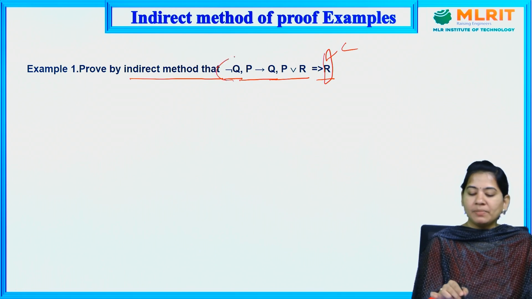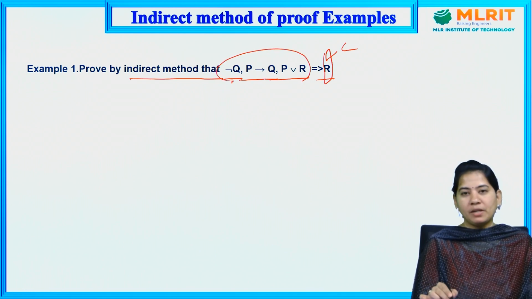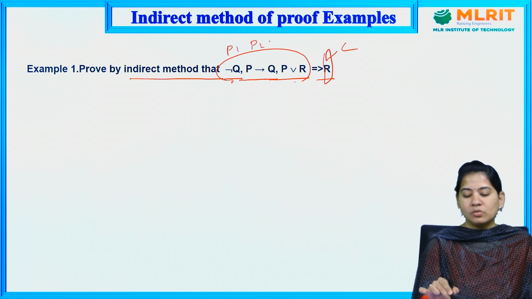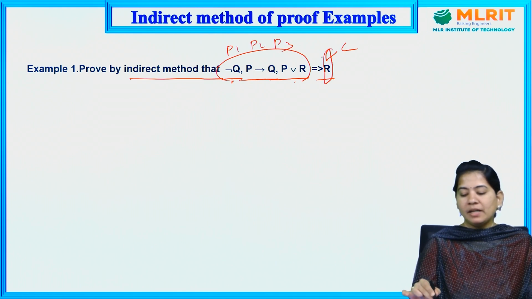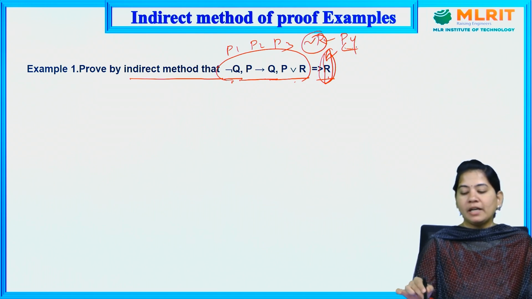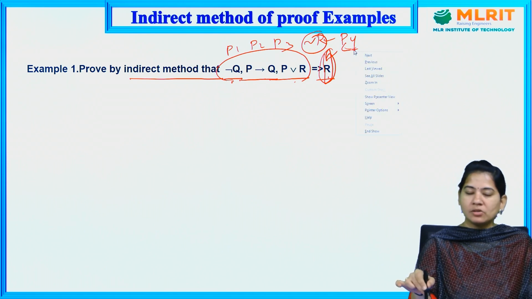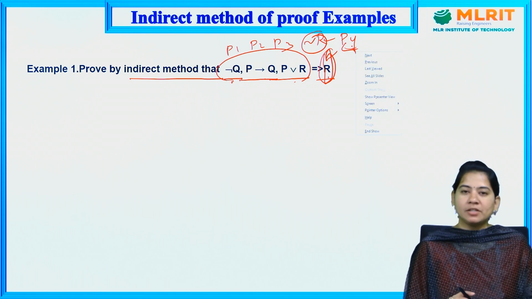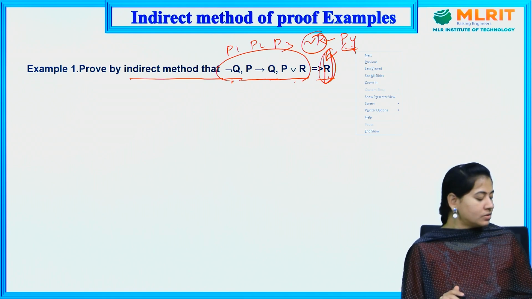The given premises are negation Q, P implies Q, P or R. So this is premise 1, premise 2 and premise 3, and this is the conclusion. For this conclusion, just apply the negation, then it becomes negation R, which becomes premise 4. Along with these premises, you consider this also a premise and solve until you get into the contradiction format. So let us solve here.